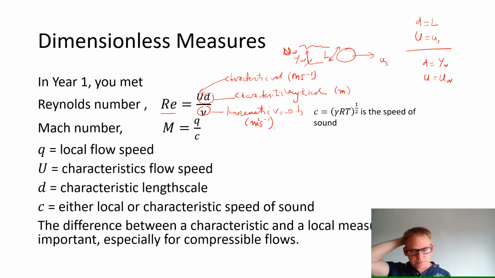Mach number is quite different. It can be defined at every point in space, and you can define a characteristic Mach number as well. So in this particular case, we take the speed of the fluid, of the flow, and the speed of sound.